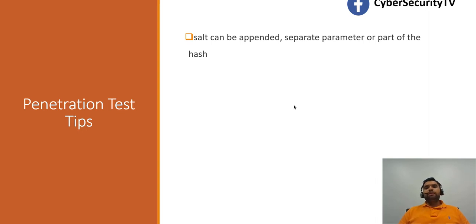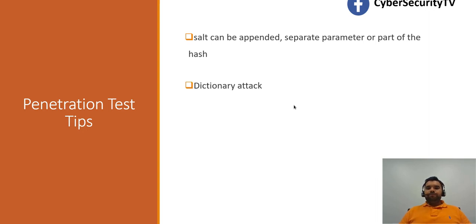And sometimes in the real world, I have seen this mistake: salt is usually a very secretive thing which you do not want to disclose, like in an easy way as an individual parameter with an obvious name. So if you see something like that, definitely raise that as a vulnerability and make sure your developer fixes it.